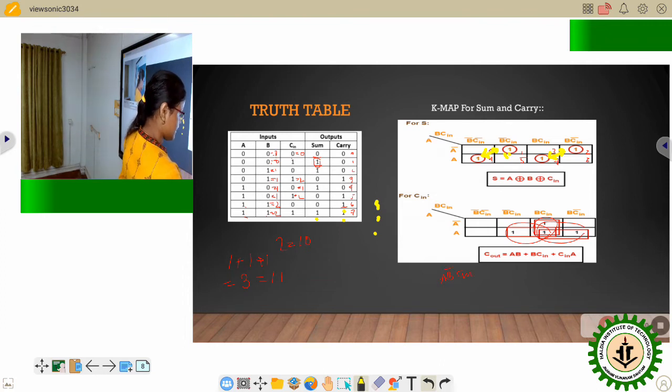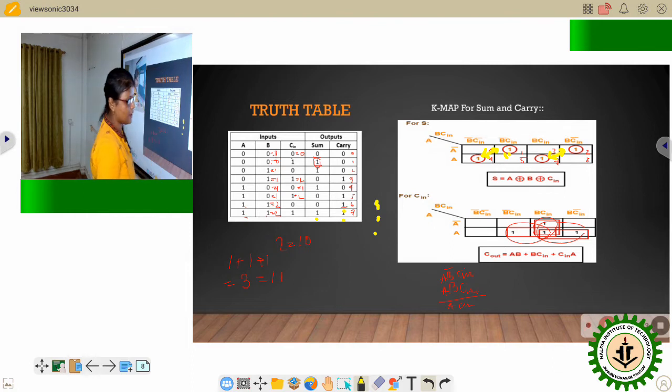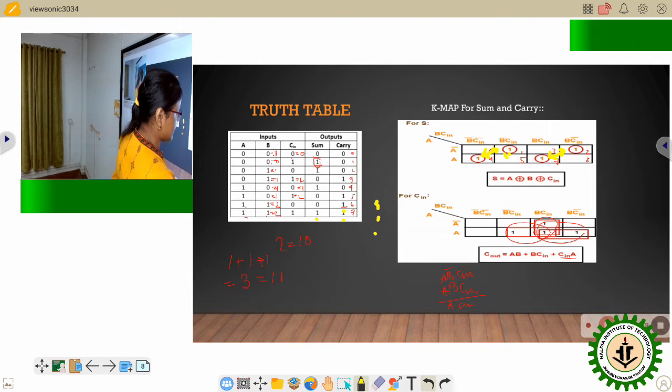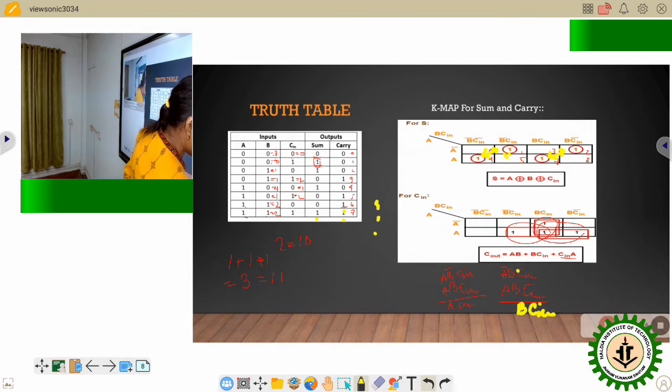Next for this, we are getting A B C in. Here the answer we are getting is A C in. Next, for this part, we are getting A dash B C in, and for this one, we are getting A B C in, and we are getting the answer as B C in.